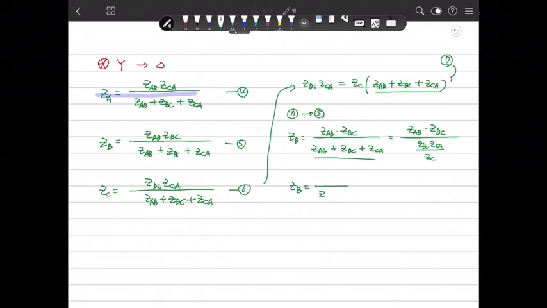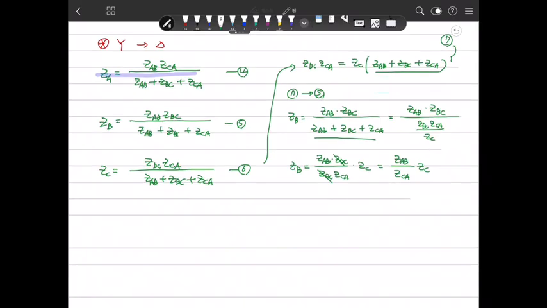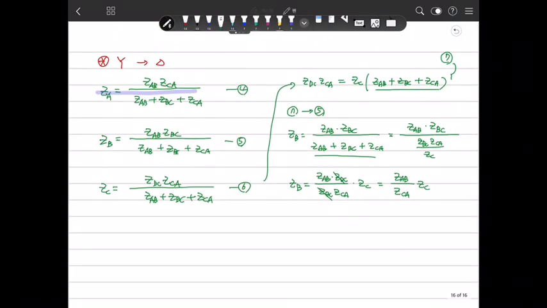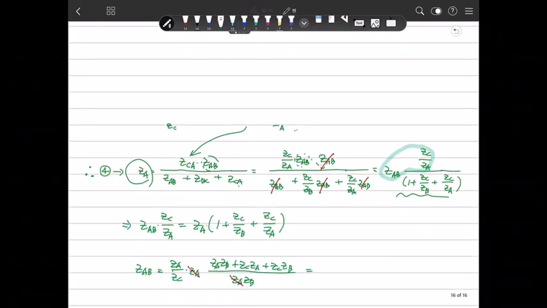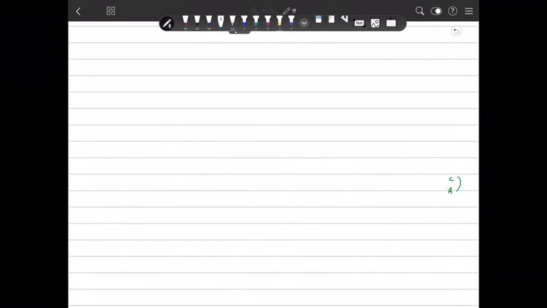GB is GBC, GCA, GAB, GBC, and GC. In this manner, GCA, GAB, and GC. So we get it, something like that.